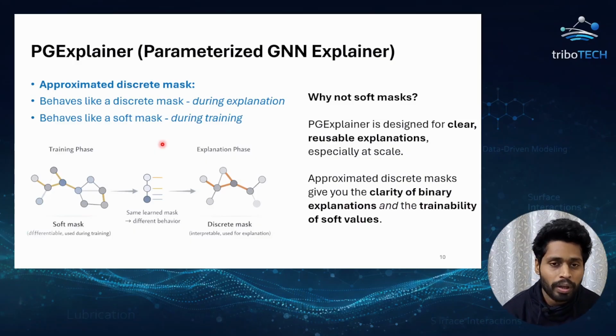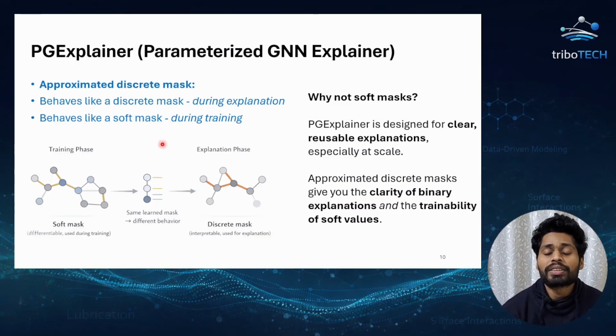There is no partially important edges there. So the explanation is very clear. But these masks behave like a soft mask during training, which helps in computing the gradients and therefore helps the smooth learning of the mask values during training.